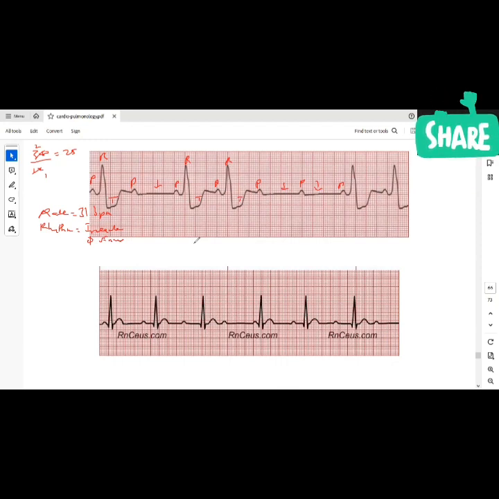Because there is a P wave and the P waves look normal, and there are some QRS complexes. Yes or no? Yeah. Okay, thank you. Now tell me what is the next structure after the atrium that I should think about? The ventricle? Nope. The AV node. So is the problem at the level of the AV node?